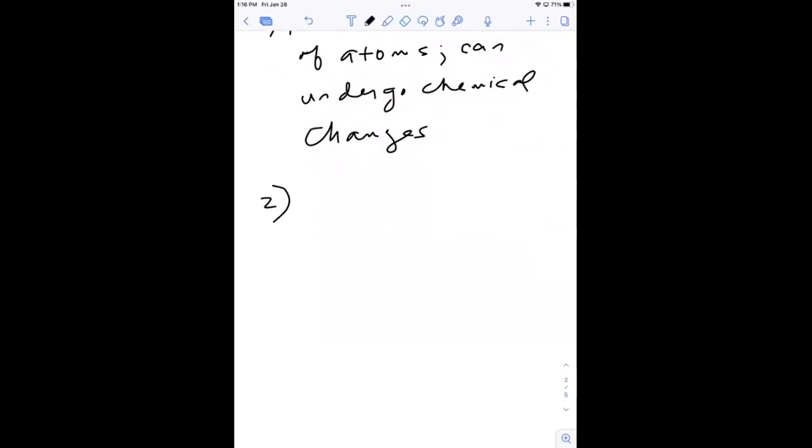If you think about sodium, the element sodium is composed of only sodium atoms, no other atoms. Same thing with chlorine. When we think about the element chlorine, it is made up of only chlorine atoms. So the elements are exclusively composed of one type of atom. That's the second part of the theory.